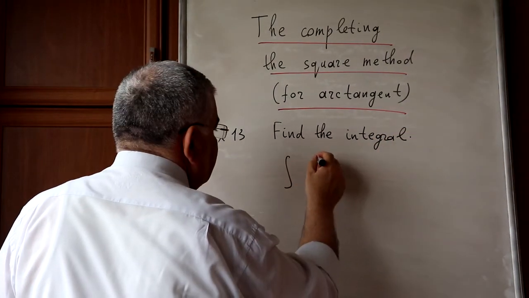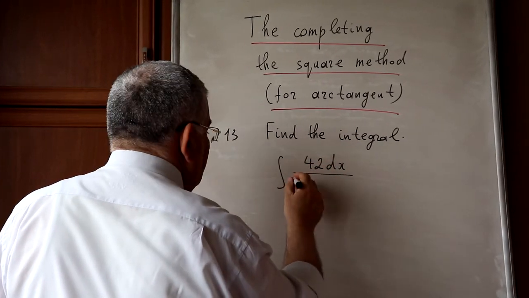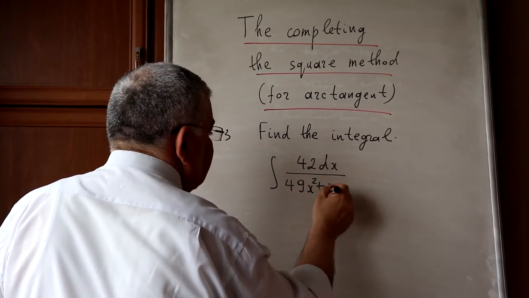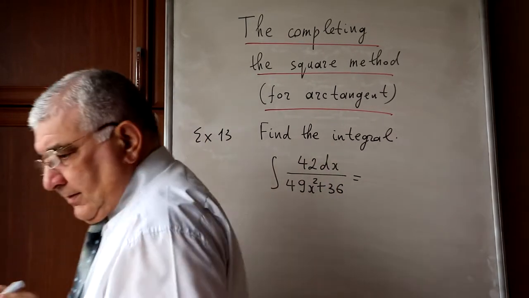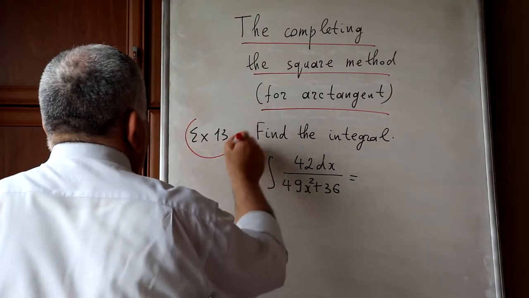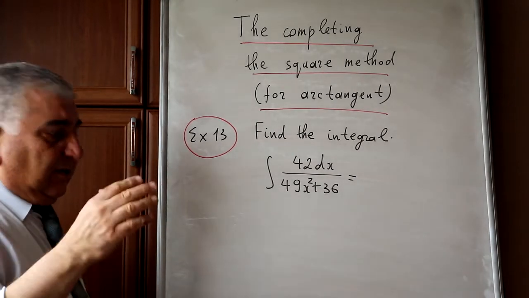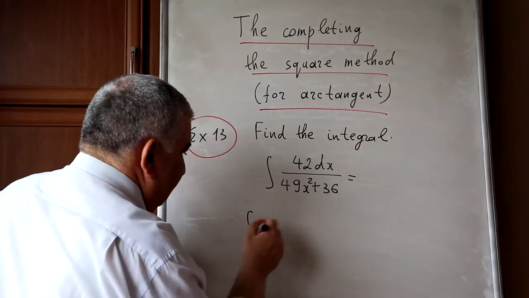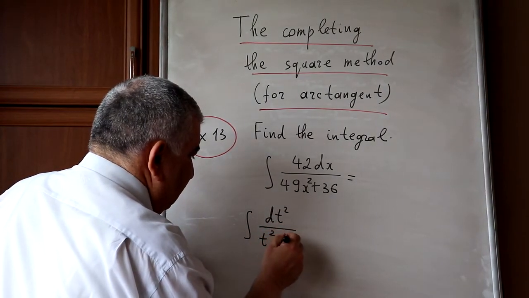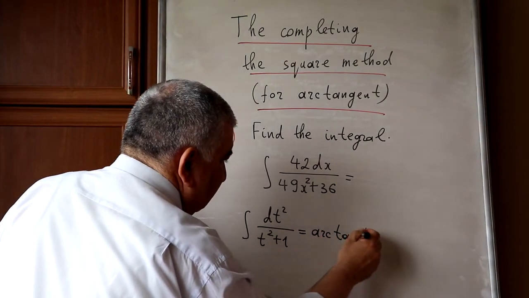Integral 42 dx over 49 x squared plus 36 equals. Here we must reduce the given integral to the integral of dt over t squared plus 1 equals arctangent t plus c.